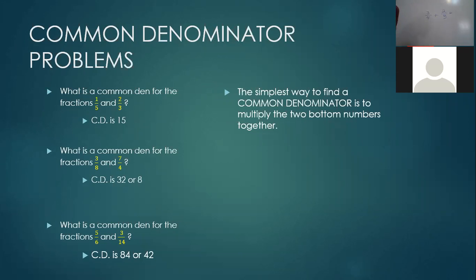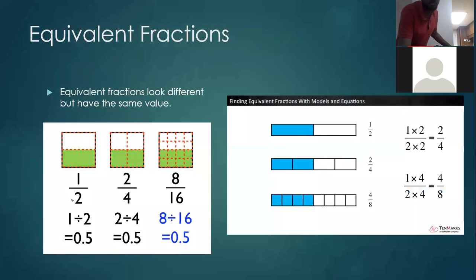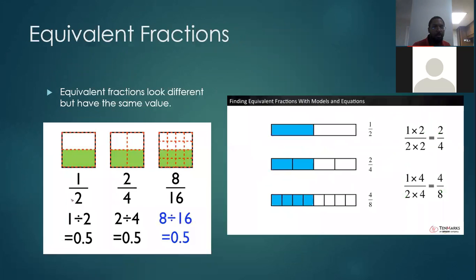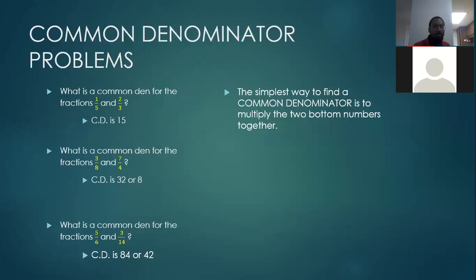The simplest way to get a common denominator for 2 fractions, so let's go back to what we said before. In order to add or subtract 2 fractions, we need to find a common denominator. You cannot simply add the tops and the bottoms of the fractions. So let's look at this here.